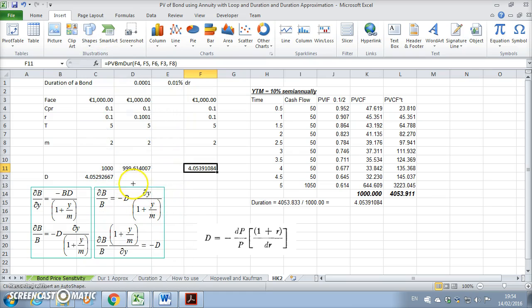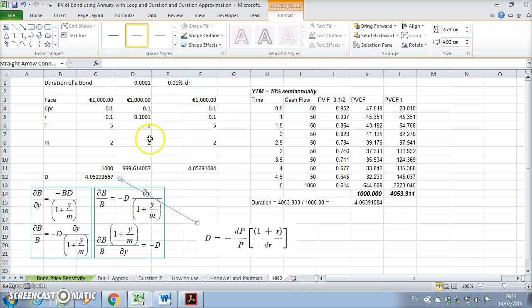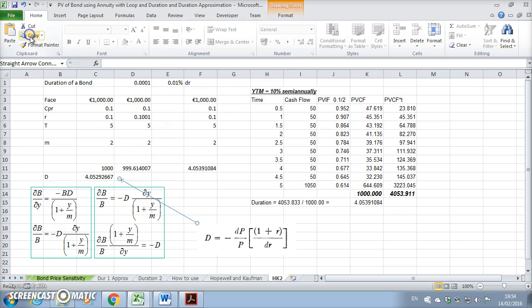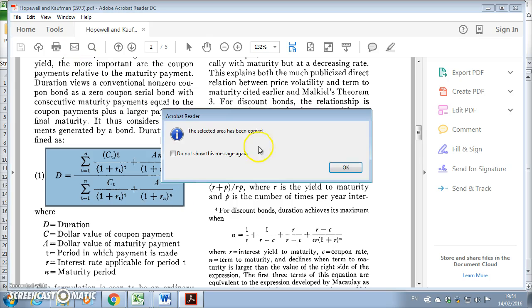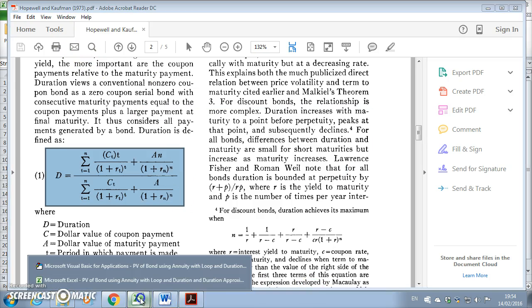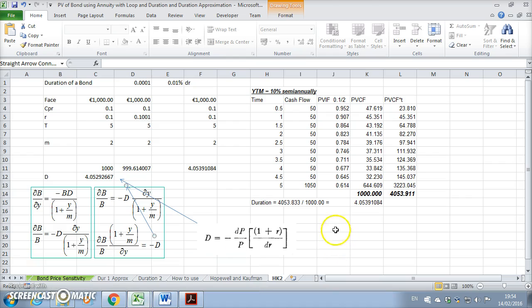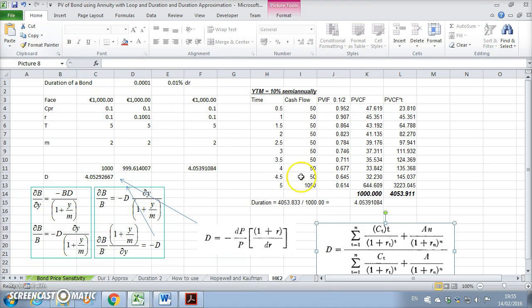keeping in mind that the estimate that we have here is from this, or more correctly from here. And this estimate here, we could say, comes from this. So let's just copy this, and go back in. And we'll paste.